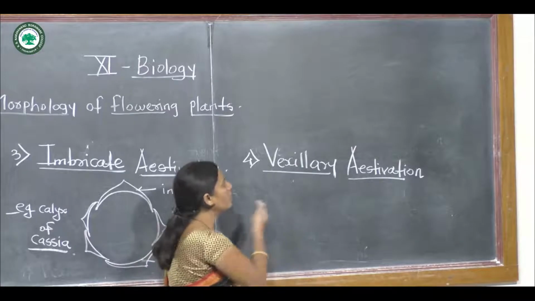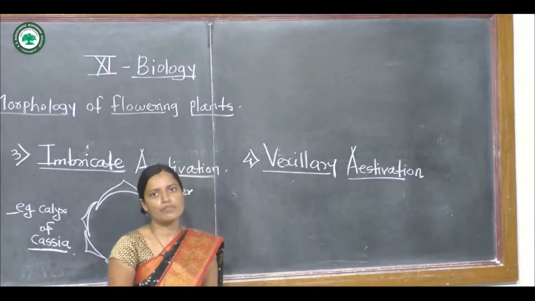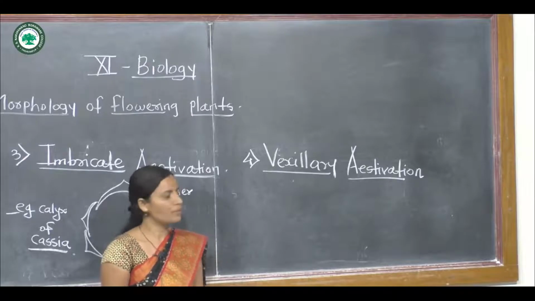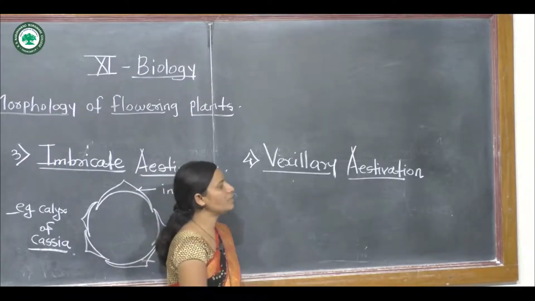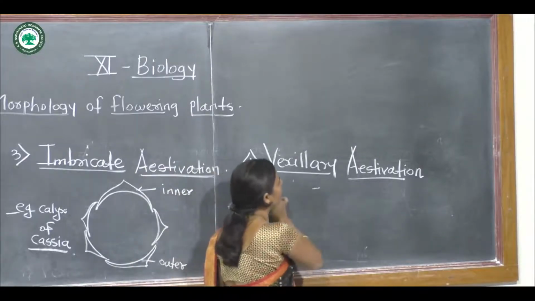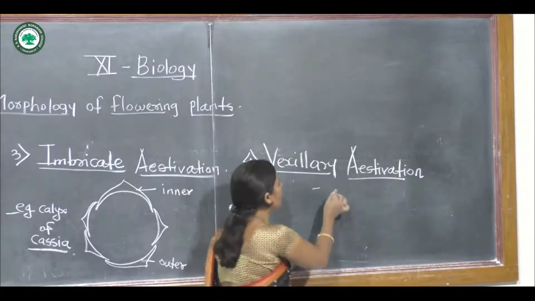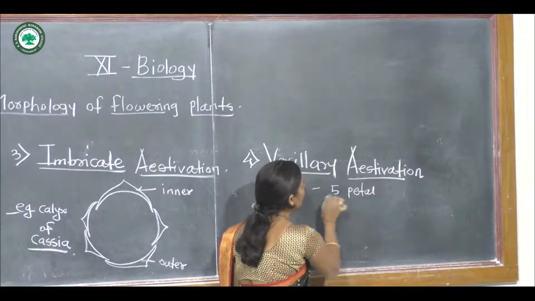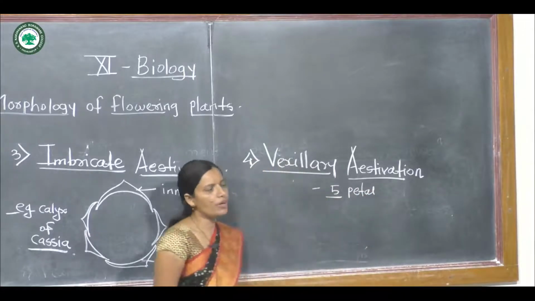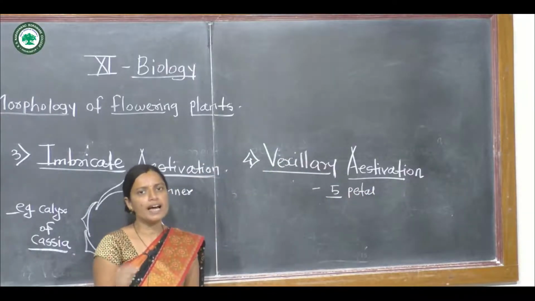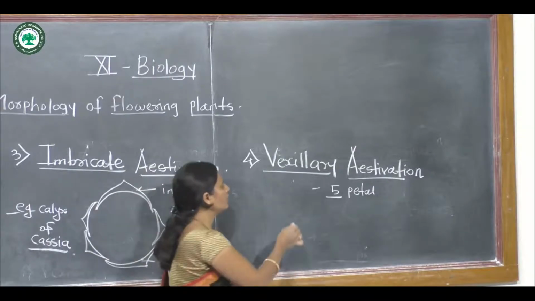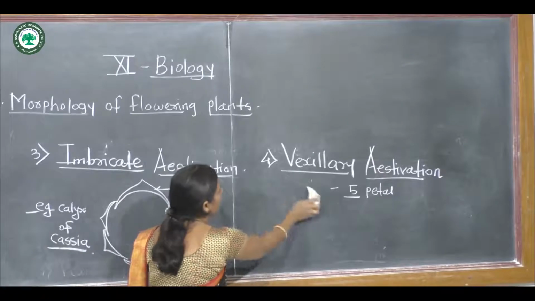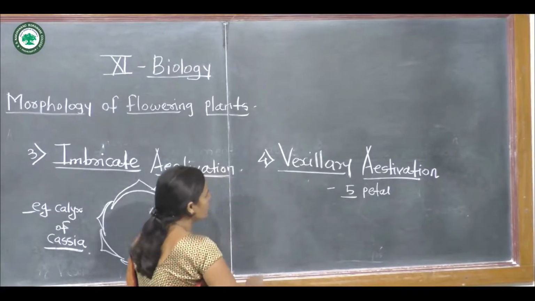For example, the pea flower shows the vexillary type of aestivation. The corolla has five petals, and one petal is the largest, while two have a wing-shaped structure.